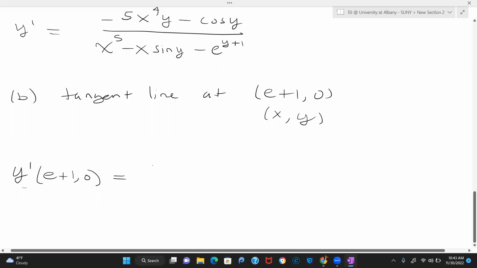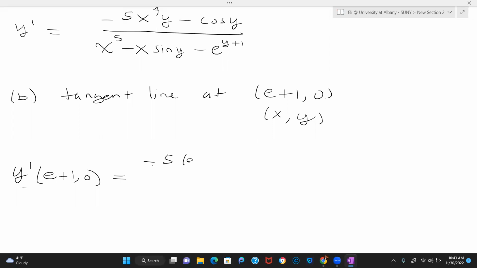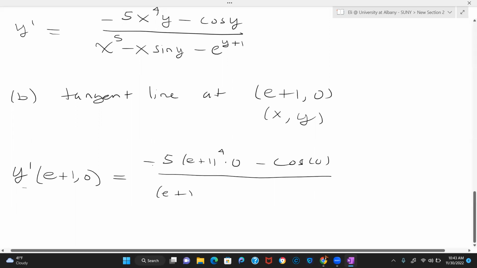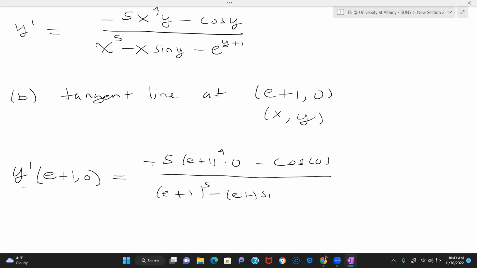All right, so we get -5 times e plus 1 to the fourth times 0 minus cosine of 0, over e plus 1 to the fifth minus e plus 1 sine of 0 minus e of 0 plus 1.